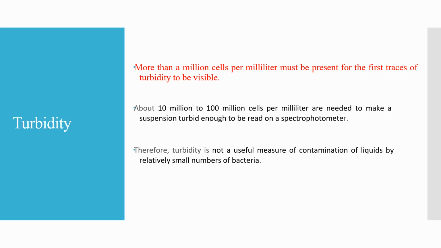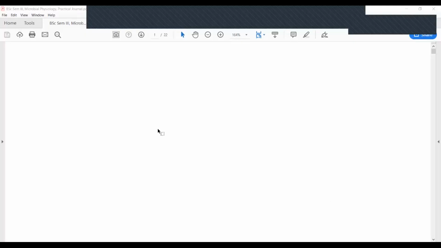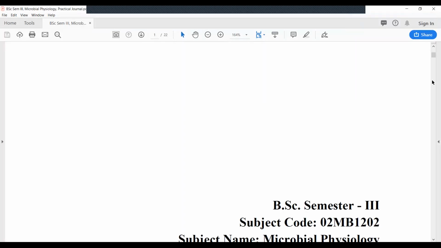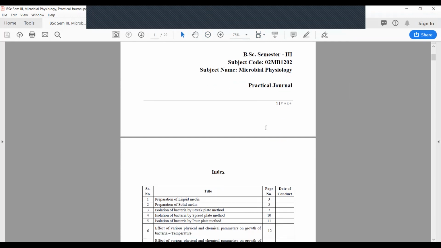I can just show it. Let me show. So here you can see the whole journal I have uploaded, with the page numbers.